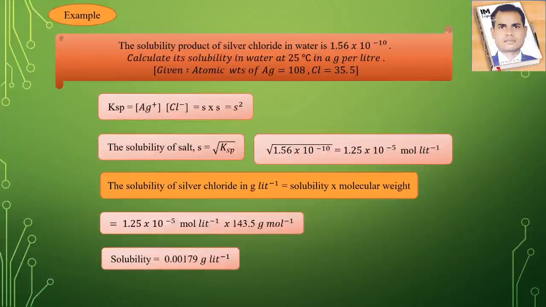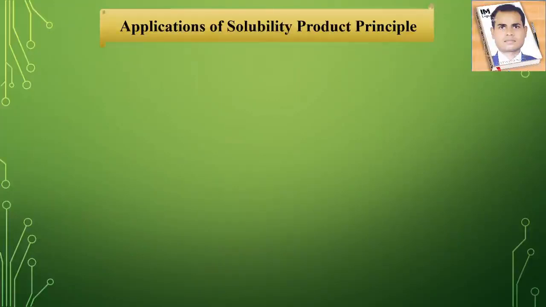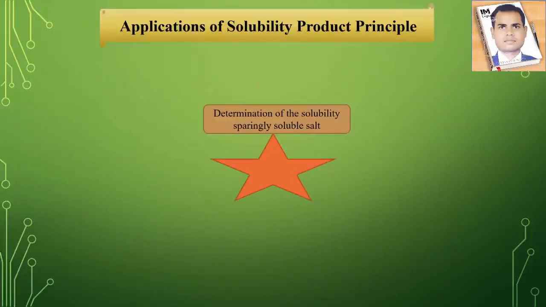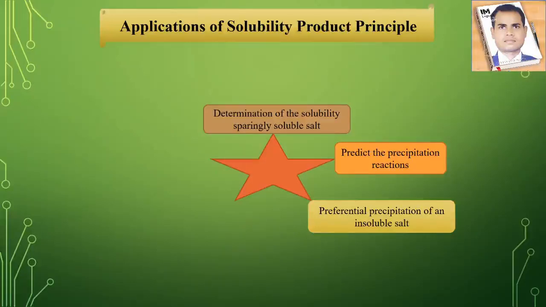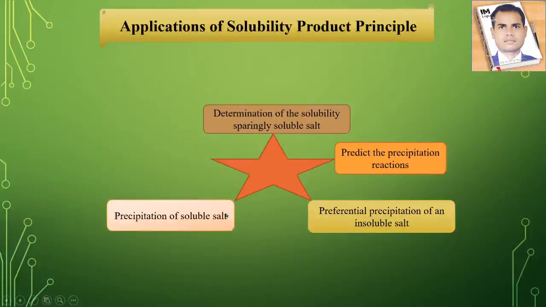Now we are going to see the next topic, the applications of the solubility product principle. The first one is determination of the solubility of sparingly soluble salts, the next is predicting the precipitation reaction, third is differential precipitation of an insoluble salt, the fourth is precipitation of soluble salt, and the last one is inorganic qualitative analysis.